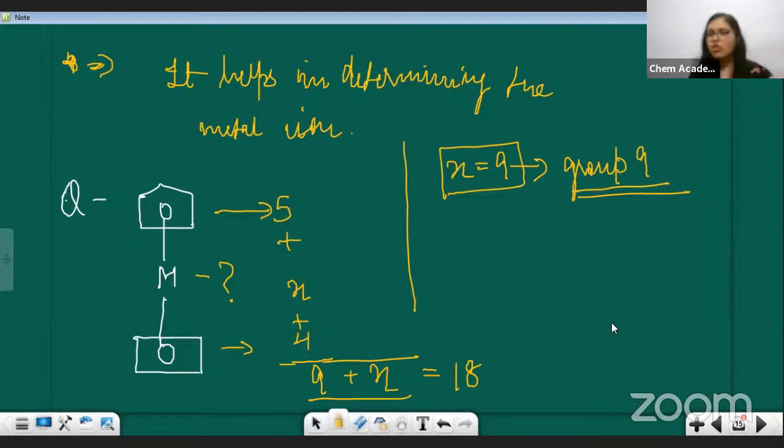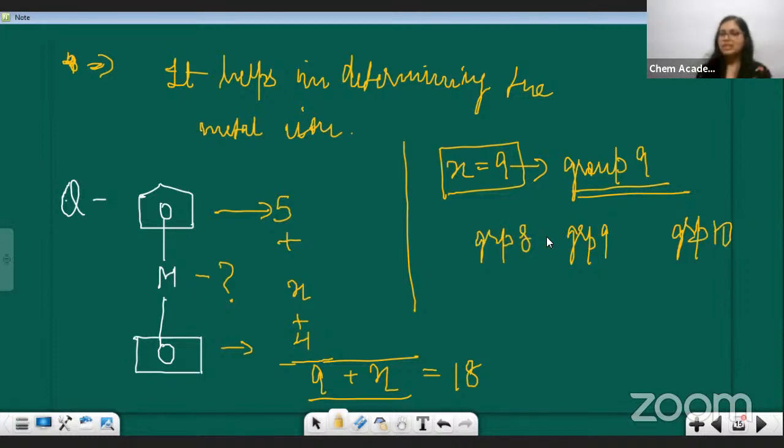Okay. So in that case, this is what you will do. Suppose this is group 9, group 10, and group 8. This could belong to the cobalt family, right? Cobalt. So we will take either a group before it or a group after it. I will tell you how.